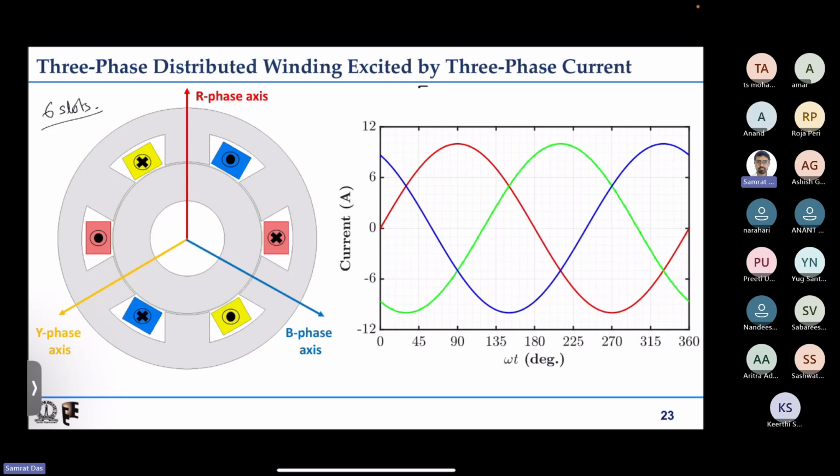We had a 3 phase winding, so each phase had 2 slots, and we are assigning 2 diametrically opposite slots to each phase, maintaining the 120 degree phase shift in the axis, and that is how we are realizing it.